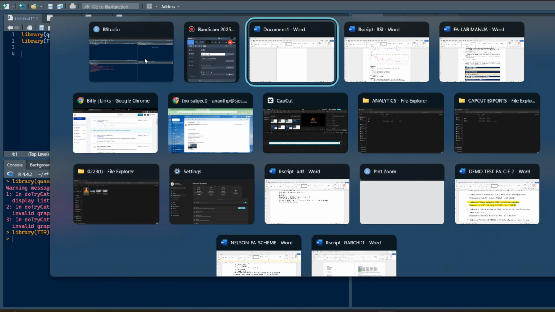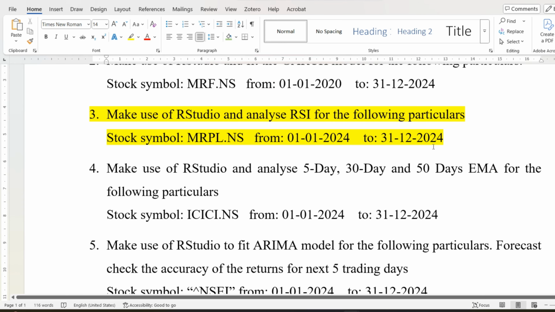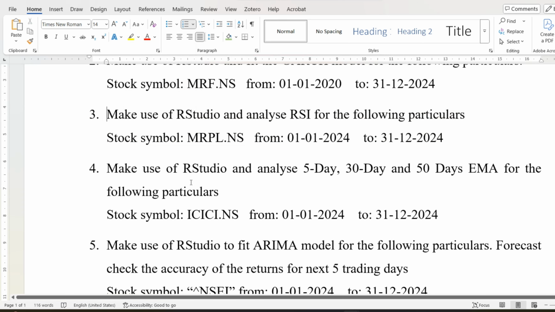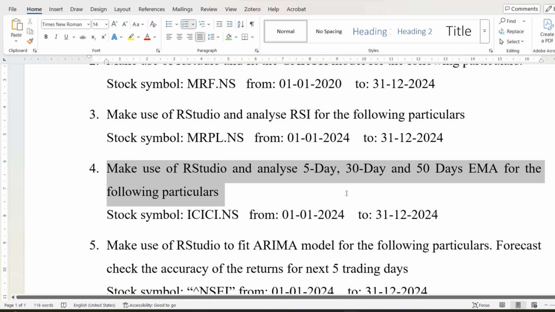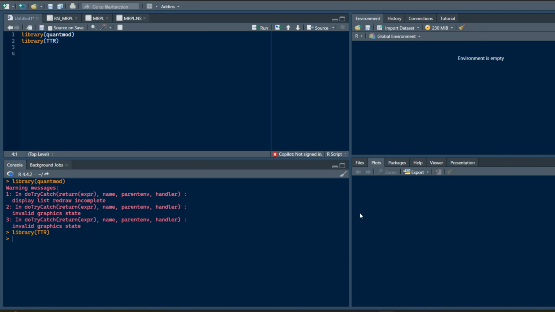Before that, we'll go to the question regarding EMA. Make use of RStudio. Analyze 5-day, 30-day, 50-day EMA for the following particulars. Stock symbol is ICICI. So first we'll begin with the stock symbol.